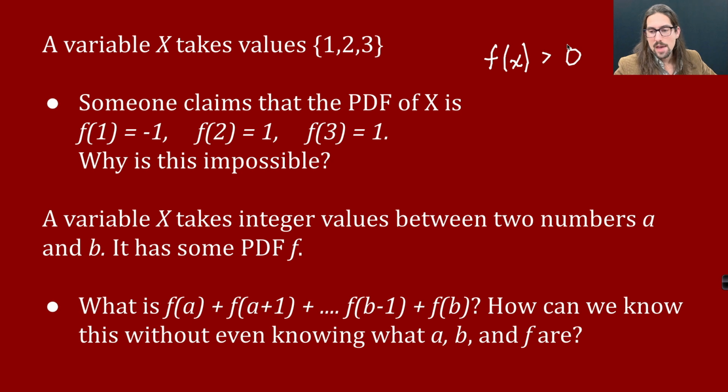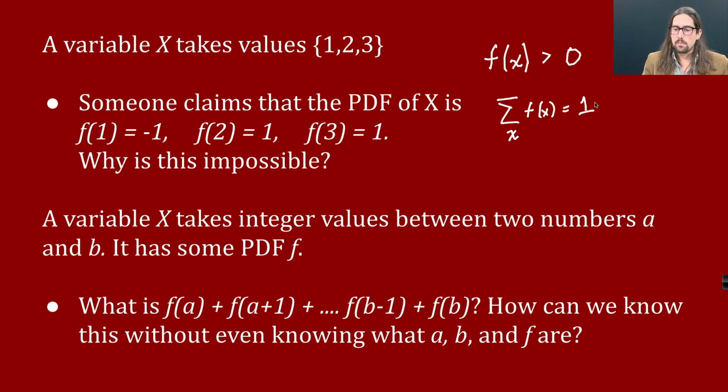And then the other thing is that the PDF summed up over all the values, I'll just put script x, those are all the possible values in this case, has to sum to 1. Okay. Because this is essentially adding up the proportion of time that x takes every possible value. So you're asking in what proportion of people does x take any of its possible values, and that always has to be 1, right?